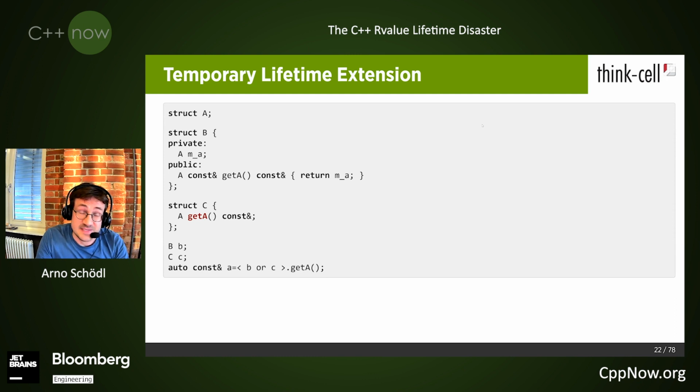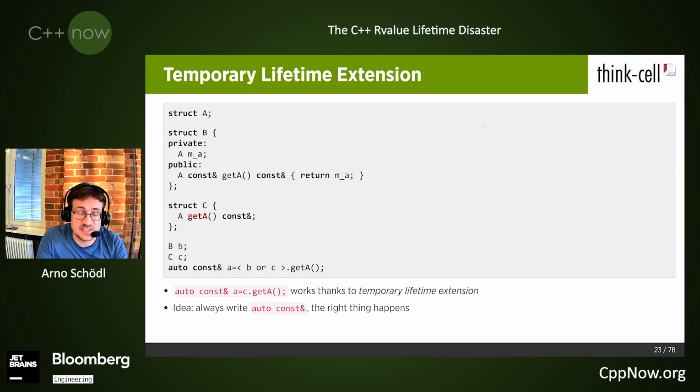Now, this actually works. And the reason that it works is a quirk in C++ called temporary lifetime extension. What it basically says is if the reference that the getA returns gets captured in a local variable, I'm going to extend the lifetime of that temporary to the end of the function, so that reference stays valid until the end of the function.